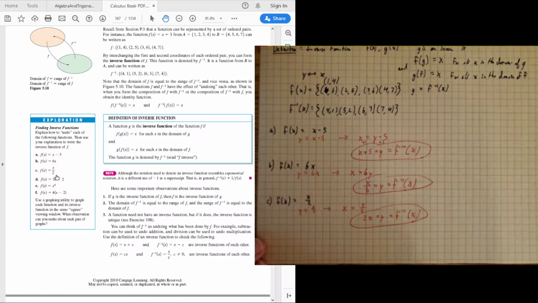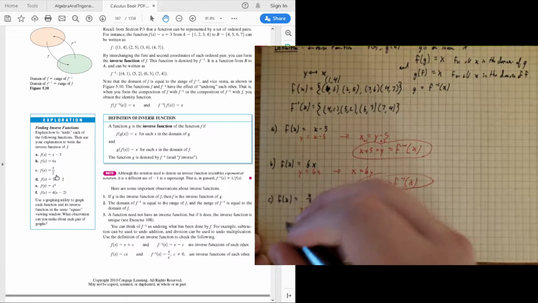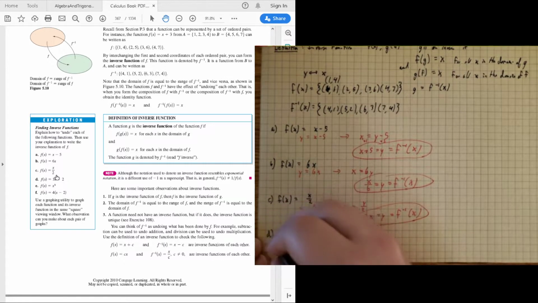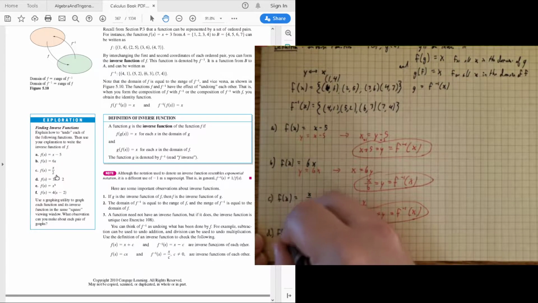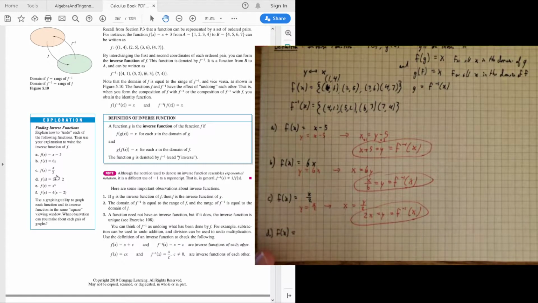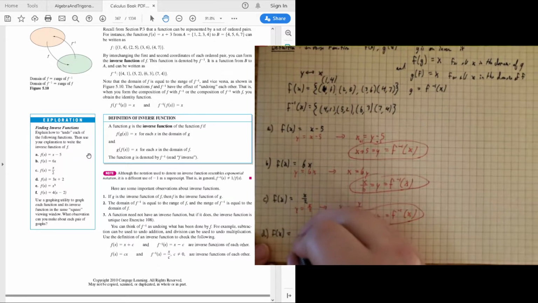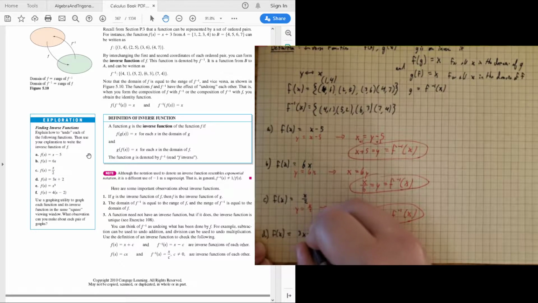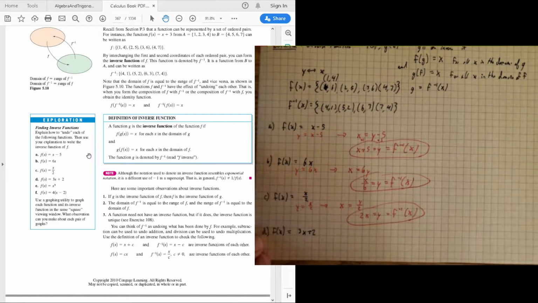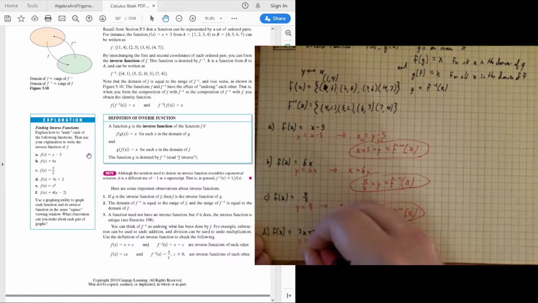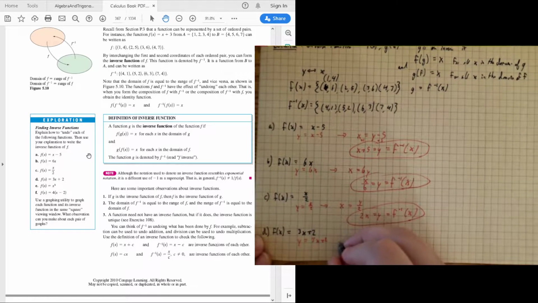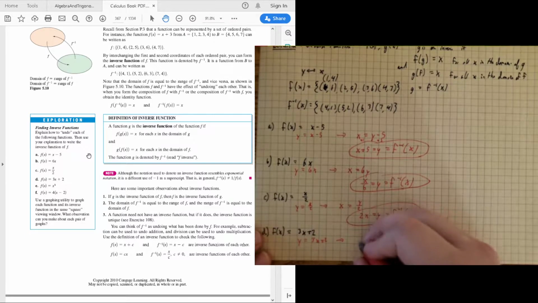A couple more. D. f of x is equal to 3x plus 2. So, to find the inverse, we would again view it as y equals 3x plus 2, and then perform the inverse, which would mean that everywhere there's a y, we turn it into x.